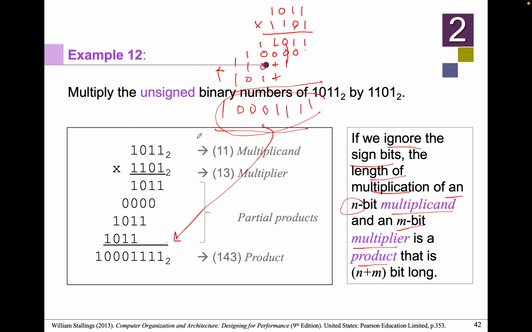So you can see we have 1 2 3 4 5 6 7 8. 1 2 3 4 5 6 7 8. So that is our answer. You add your multiplicand and multiplier lengths together and you get 8 for the product, and that will be its bit length.